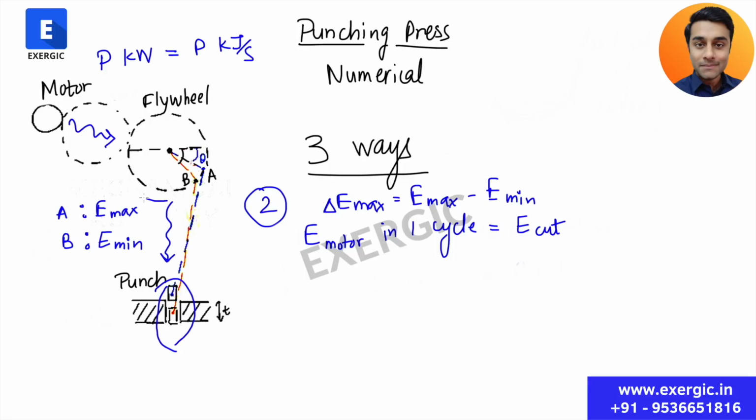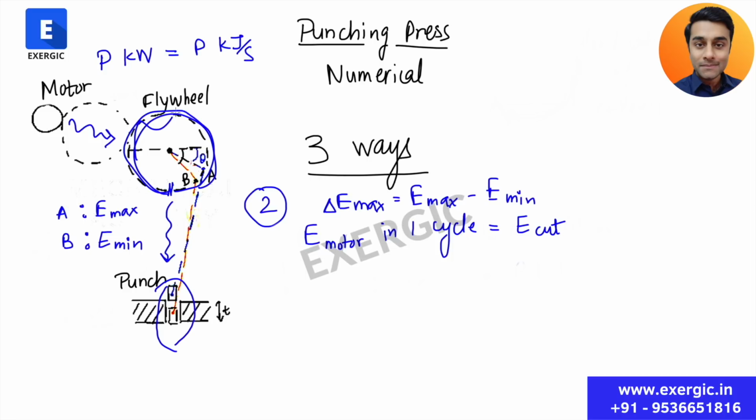Over a complete cycle, the flywheel does not store any energy. Yes, it stores energy for some part of the cycle, and then gives it back for some other part of the cycle. But at the end of every cycle, its energy does not change, its speed does not change. Whatever its speed was before that cycle, it stays the same.